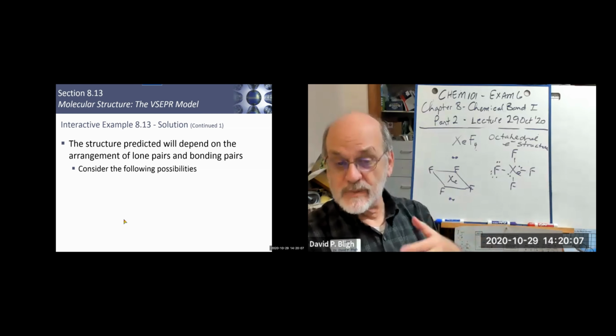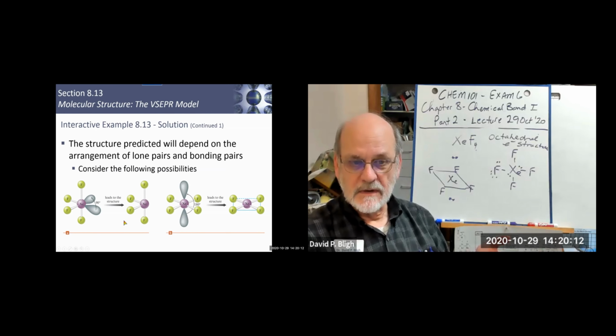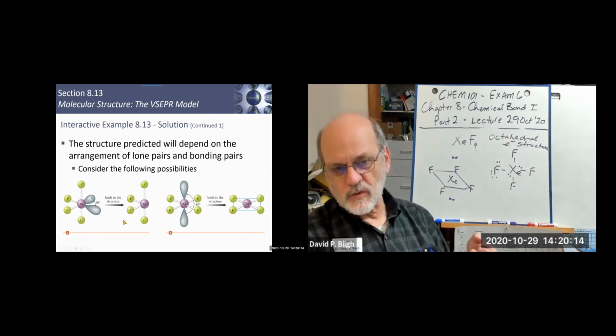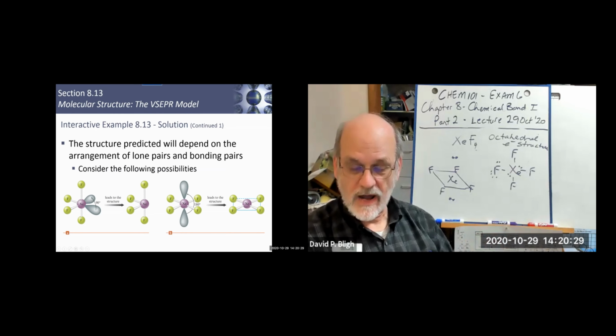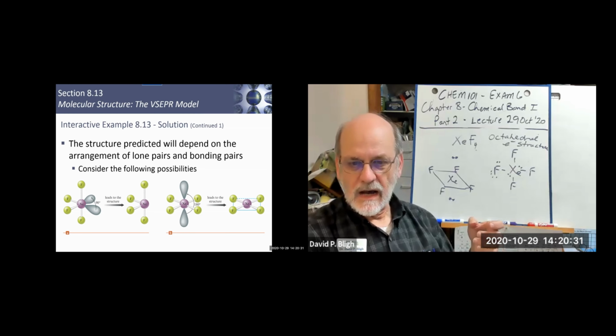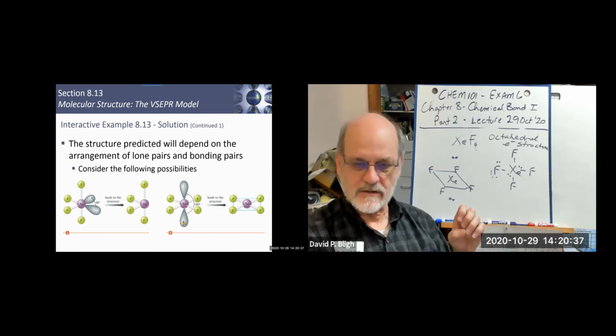Now, these are possibilities for xenon tetrafluoride. If we go with this arrangement where the lone pairs are in the square plane, then we would get a seesaw. The problem with that is that they're too close together. Now, seesaw was one of the predictions earlier described, but the other possibility is the square planar, where the lone pairs are opposite at the apexes.